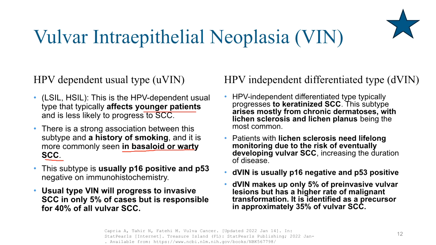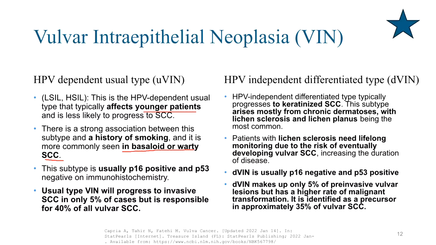Let's make a differentiation between the HPV-dependent usual type and the HPV-independent differentiated type. The usual type occurs more in younger patients and is less likely to progress to squamous cell carcinoma. There is a history of smoking, and it is more commonly seen in basaloid-warty squamous cell carcinoma if it progresses. This subtype is usually positive for p16 and negative for p53 on immunohistochemistry.